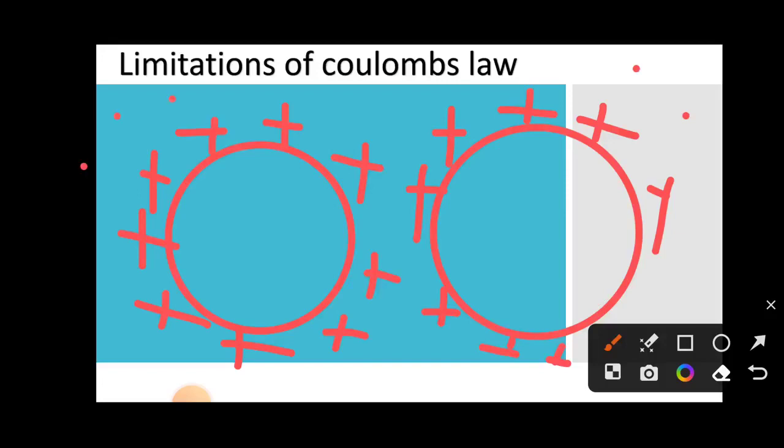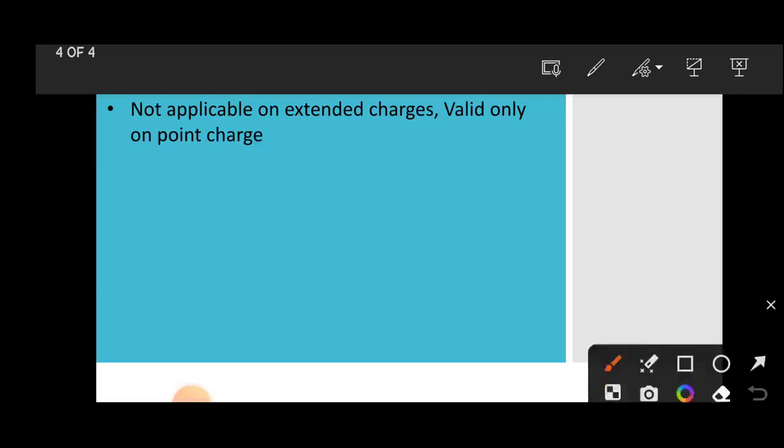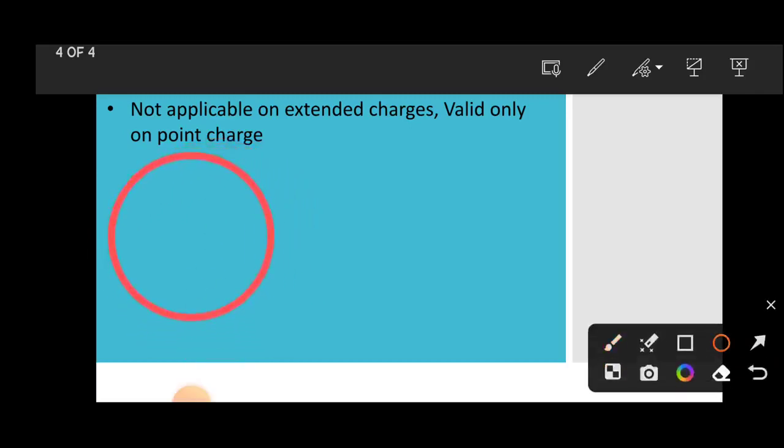Now what is a point charge? Let's understand. A point charge is a charge which is in a small space. Now let's discuss more. If we have a big metallic ball which has positive charges around it, and we take another small ball which also has positive charge, then it is called a point charge.